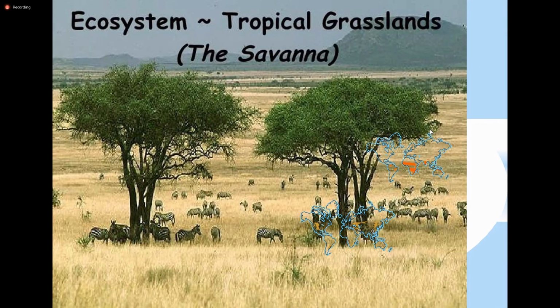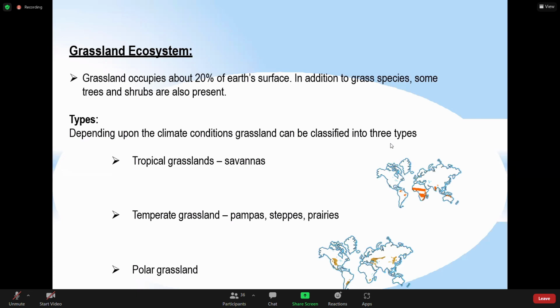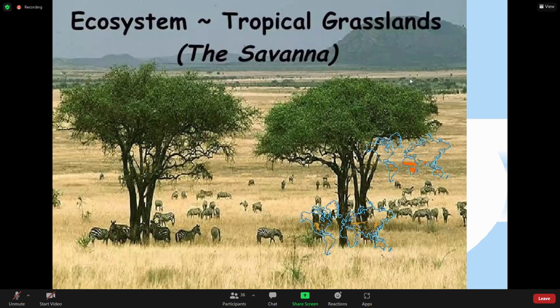They can suck that water and remain green even during the summer months. So the grassland ecosystem occupies about 20% of the Earth's surface. And in addition to various species of grass, some trees and shrubs are also present. So you'll see that all throughout there is grass and there are few trees.